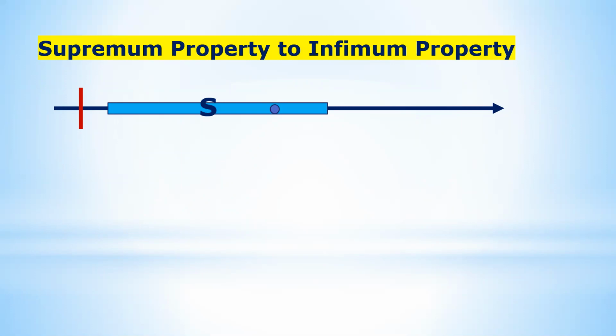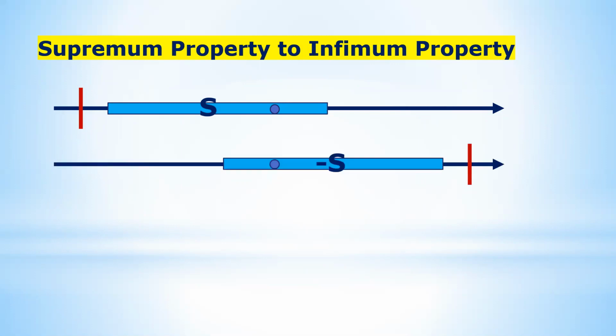But here we're dealing with the opposite case, on the lower side. Now, how do you do it? Mathematically, the idea is we want to convert this lower bound case to the upper bound case, and this can be done in a very simple way. You can make a reflection of S to the other side.